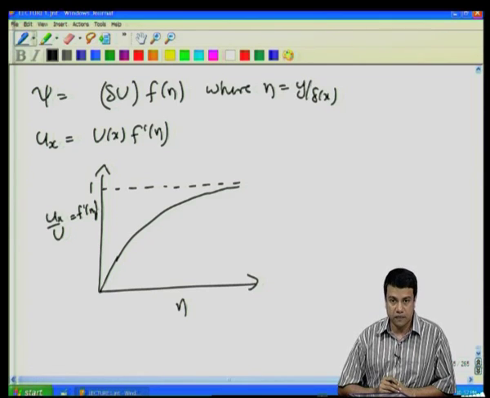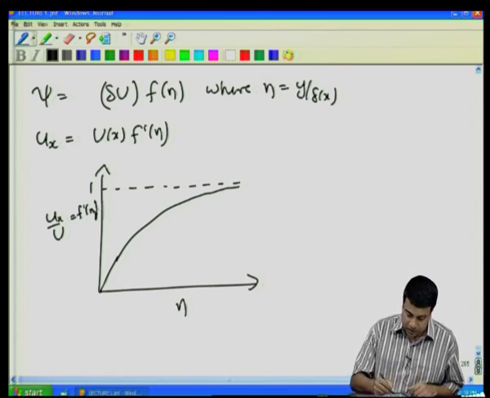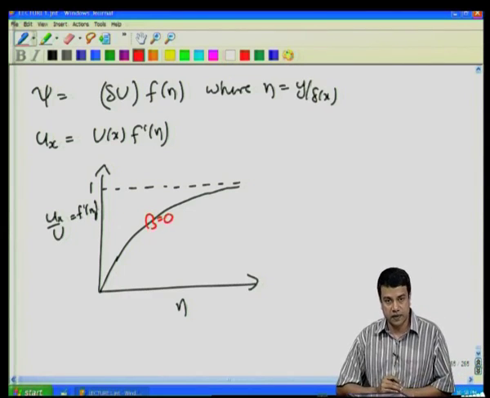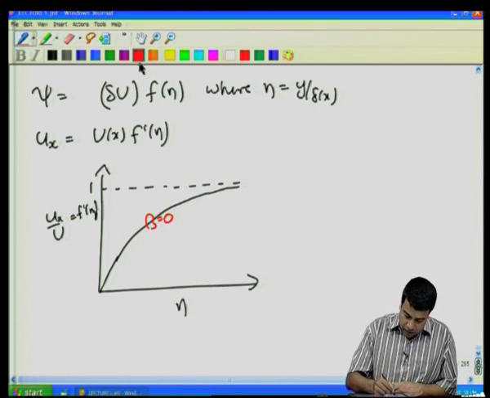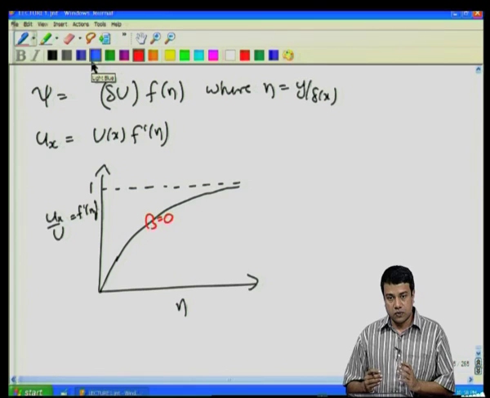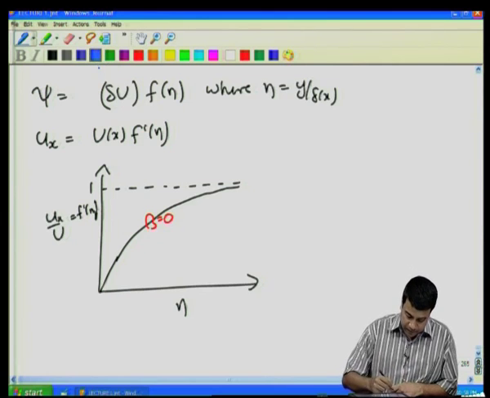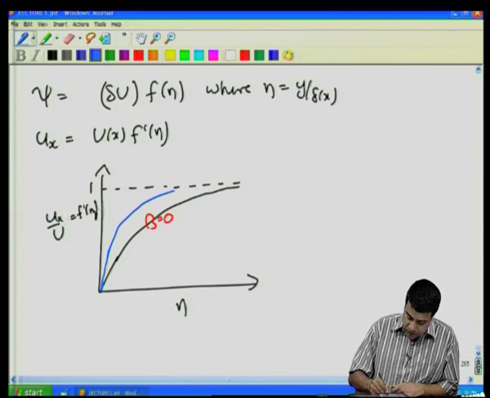The profile, of course, depends upon beta. So, for example, for the Blasius boundary layer, for the flow past a flat plate, beta equal to 0 corresponds to this profile that I have here. If I increase beta, that is, if I go to the case where I have a stagnation point flow, you will get a similar velocity profile, except that it will reach the free stream value faster.